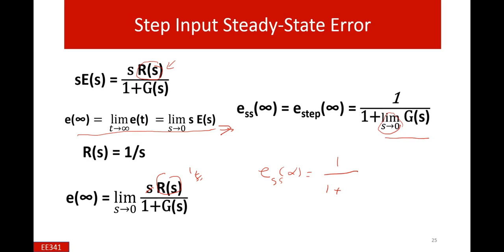This constant is sometimes called the position constant. So for a unit step input, the steady state error is 1 over 1 plus some constant.